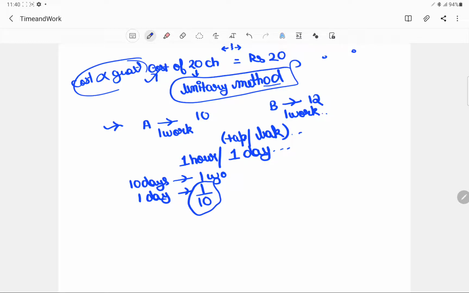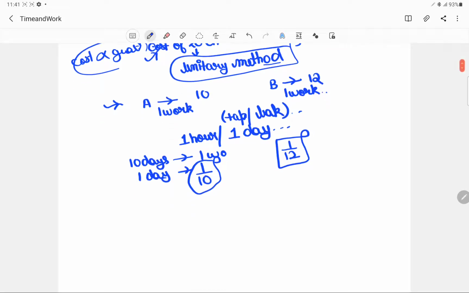Similarly, B would be 1/12. Similarly, if some tap is there and it fills the tank in this time, and a leak empties it in this time, then you will have questions like what would be the number of days that they would take.